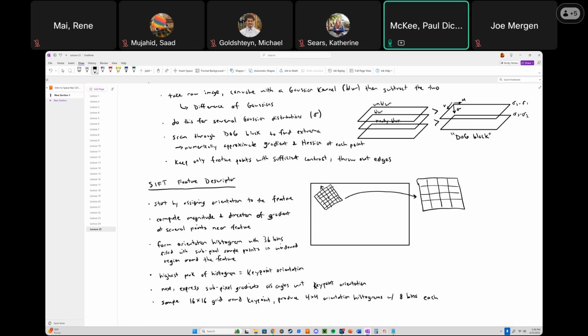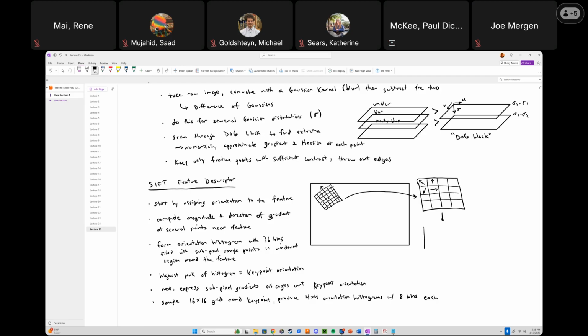And so we'll say, okay, within this area here, the direction of the gradient is this way. And then maybe we'll say this one is this way, and this one is this way. So we're taking this and then we're combining. So out of the original 16 by 16 grid, we produce 4x4 orientation histograms with 8 bins each.